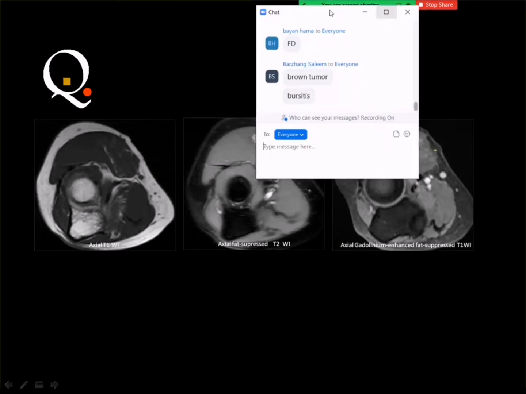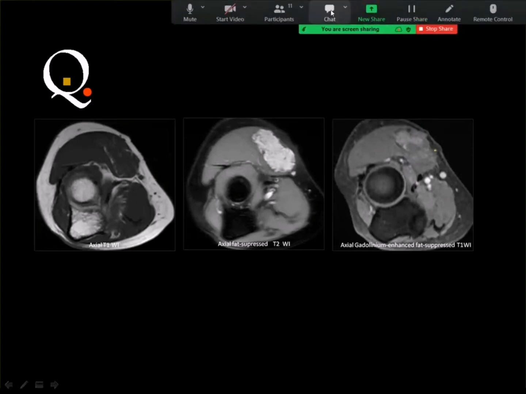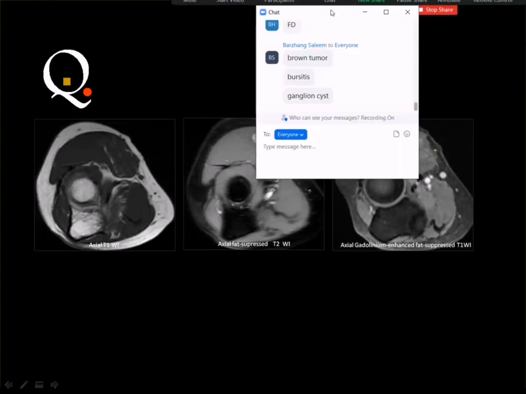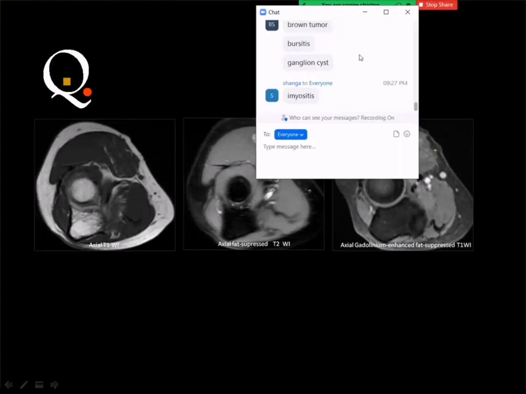No, there is no bursa in this particular area. And this is one of the most common soft tissue tumors seen everywhere in the body. No, this is not a ganglion cyst and not myositis.